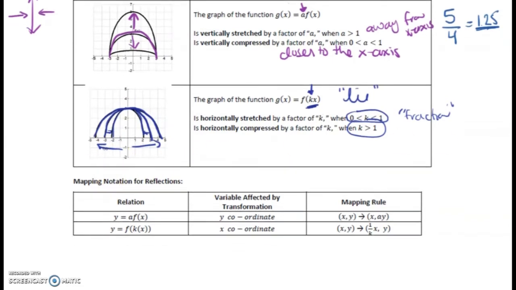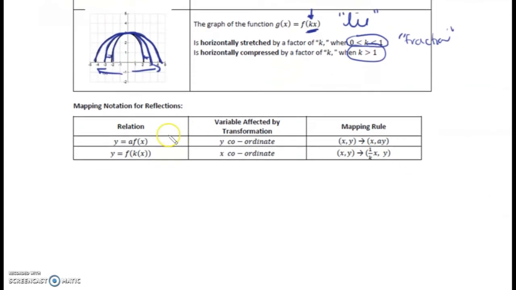Okay, so we're going to use mapping notation, mapping notation for transformations. If it's a vertical stretch or a vertical compression, what that's doing is it's affecting the y-coordinate. It's stretching it up and down. So since it affects the y, we're going to multiply every single y coordinate from the original by that a value.